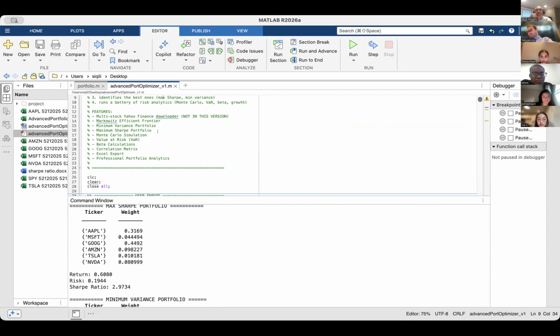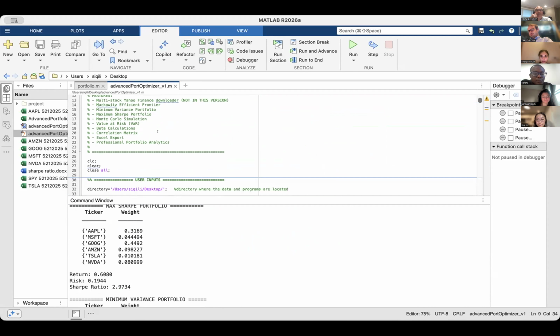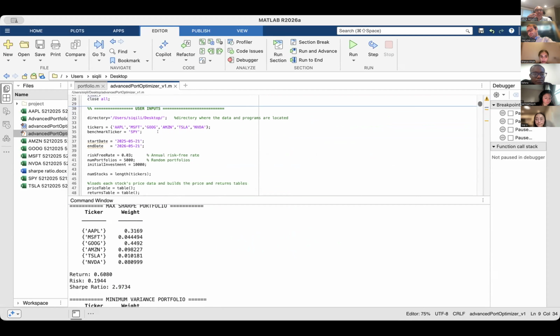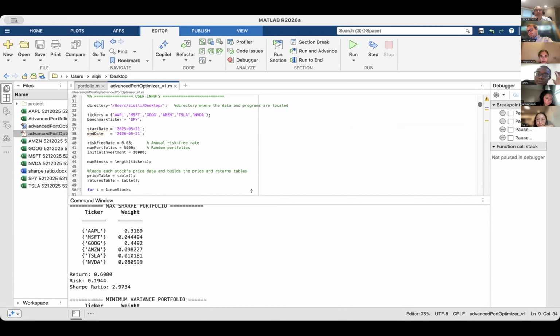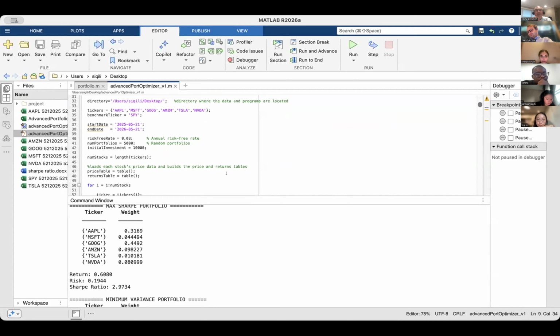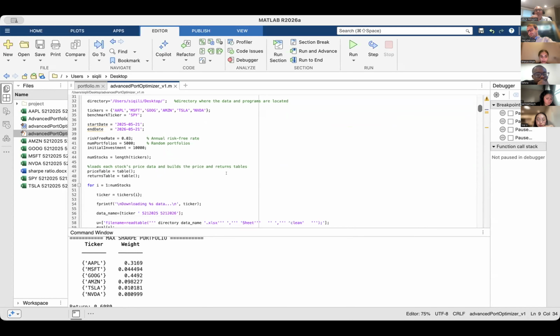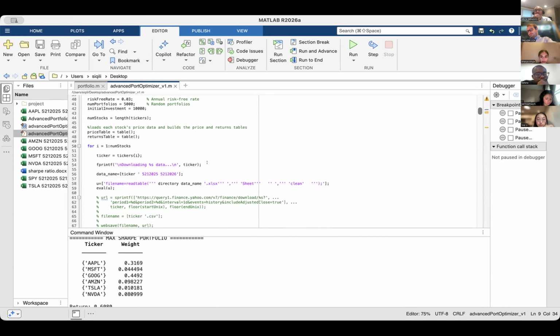Very simple, straightforward data. If you take a look at the data, you can see the start date is 2025-21 and 2026-05-21. The data names are Apple, Microsoft, Google, Amazon, Tesla, NVIDIA. And we have the index, the benchmark here is SPY. It's data just collected from Yahoo Finance.